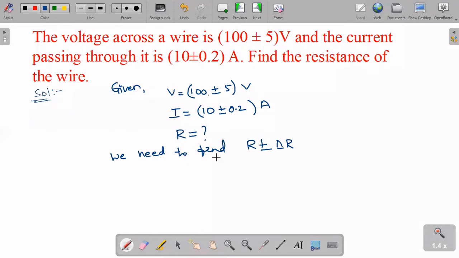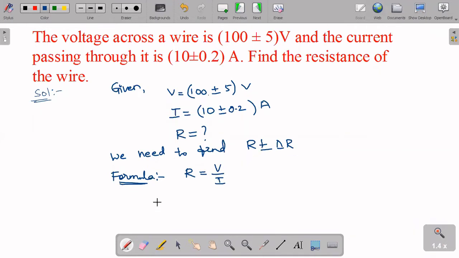Right. So we need to find R plus or minus delta R, as we have the V and I values. When we have such cases, we know the formula. If it is addition, it is simple. But when it comes to this, from Ohm's law, V is equal to IR, and R is equal to V by I. Whenever the division comes into the formula, we have to find R and delta R separately.